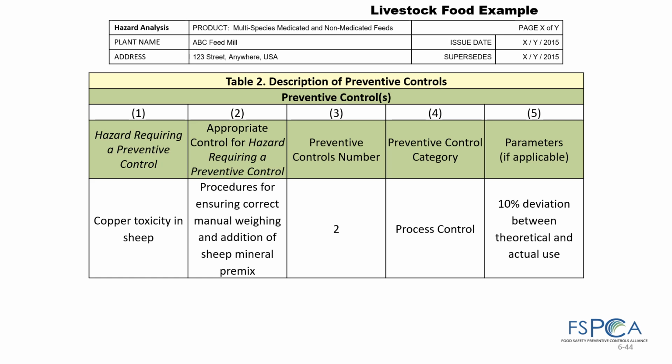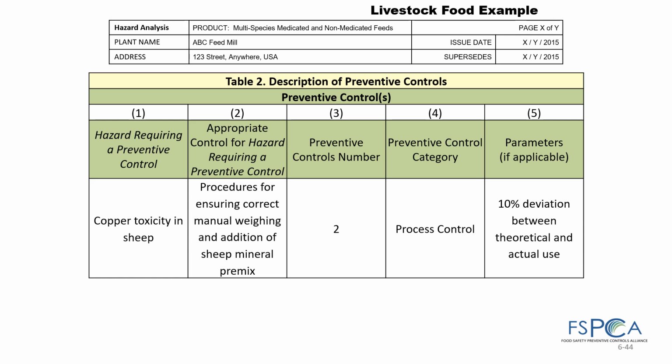The first few columns on this table are just carried over from table number 1, where we identified our hazards and evaluated them and said yes or no, they need a preventive control. So all the ones that we said yes to now get transferred over to table 2. And remember, copper toxicity in sheep was the hazard requiring a preventive control. The appropriate control, we also wrote this down on table number 1, but now we're going to get into a little bit more detail.